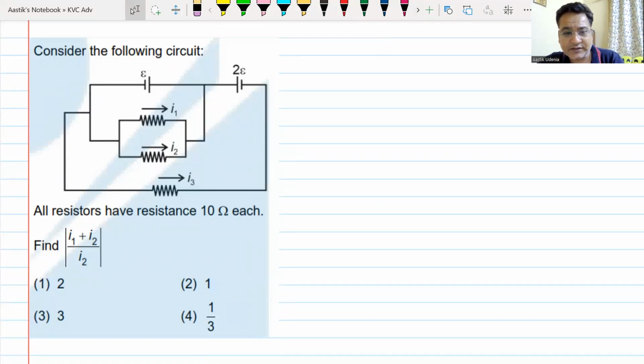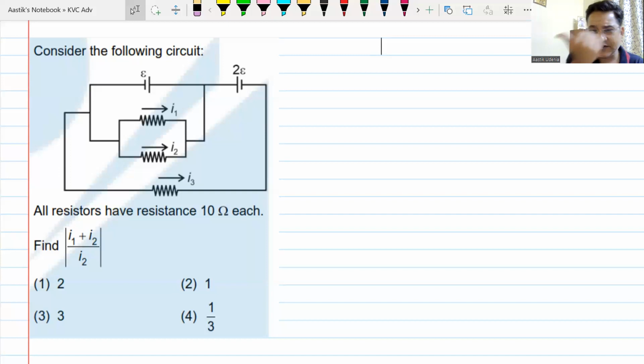Consider the circuit shown in the figure. The circuit may look a bit enterprising. All resistances are 10 ohms. Find out the magnitude of the value of I1, I2, and I3. The directions are not important here.